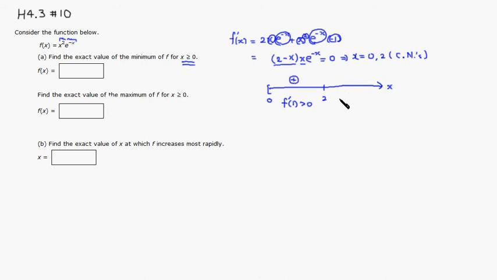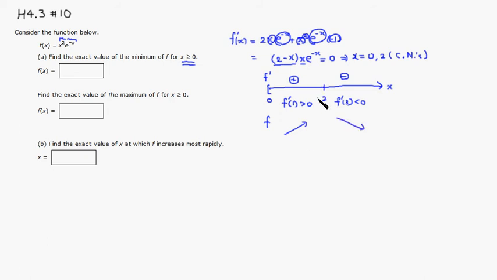After that we plug in 3. You can see that 2 minus 3 is negative, everything else is positive, so it's got to be negative. So the function will have a shape such that it's increasing in the beginning, after that it's decreasing.